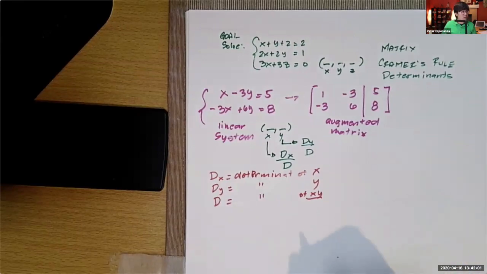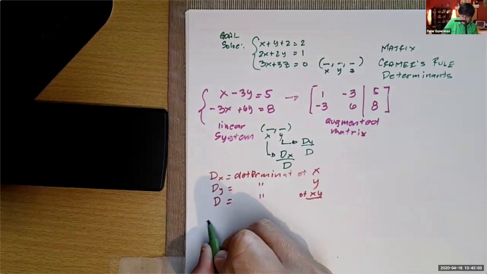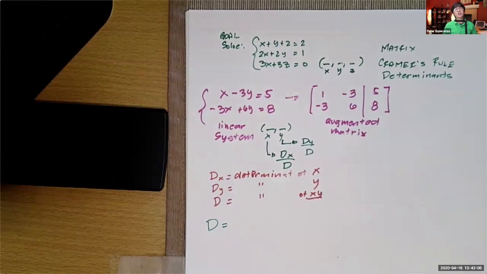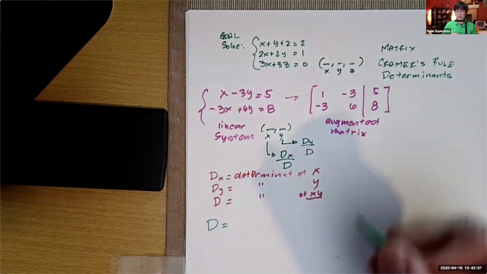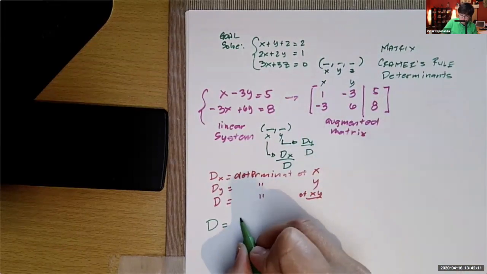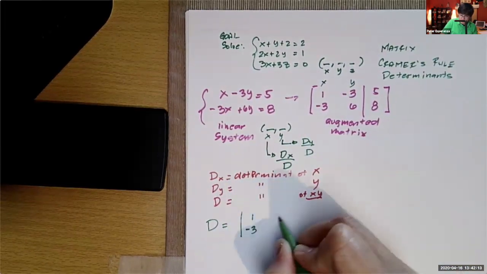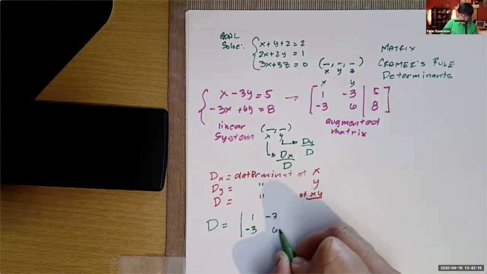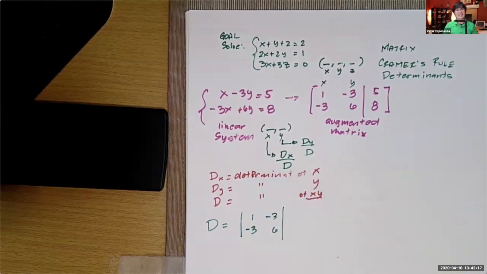Let's start with the determinant d. The determinant d is the determinant of the coefficient matrix, which is this matrix right here: 1, negative 3, and negative 3, 6. That is d. Now, how are we going to find the determinant of this 2 by 2 matrix? Easy, because we learned this last week.